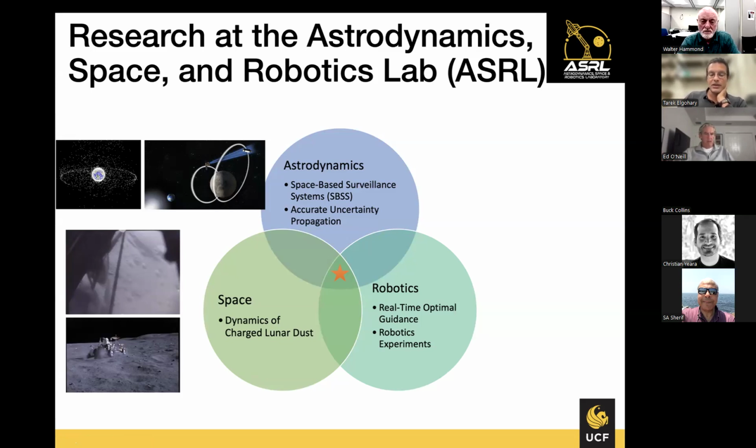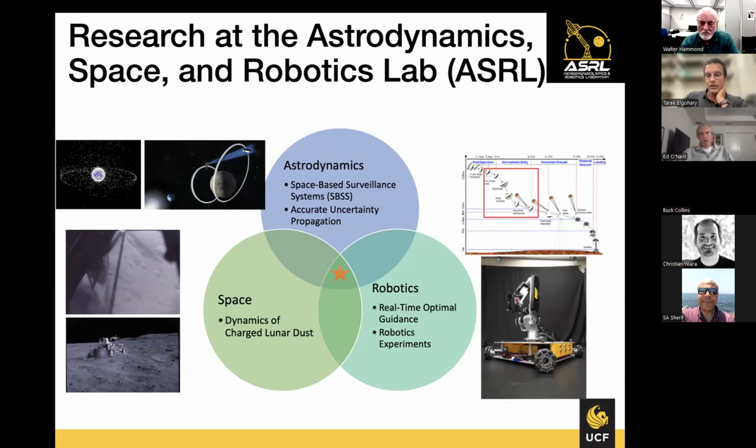I'm not going to talk about this here, but that's also one of the areas I'm doing research in at UCF. And finally, the guidance, control and dynamics related to re-entry dynamics for large type containers. We're doing the trajectory design and control for that problem. And we have a robotics platform to run some of our guidance and control algorithms in the lab, trying to emulate space motion. This is the robot here downstairs.